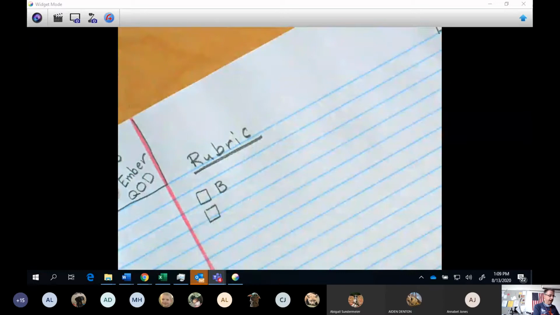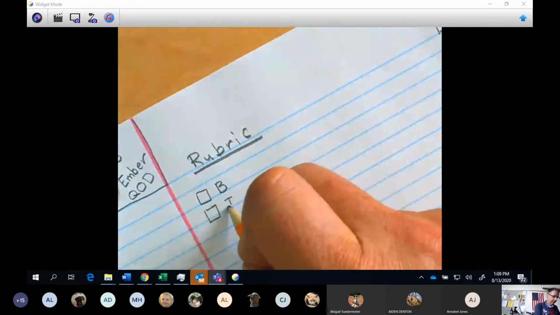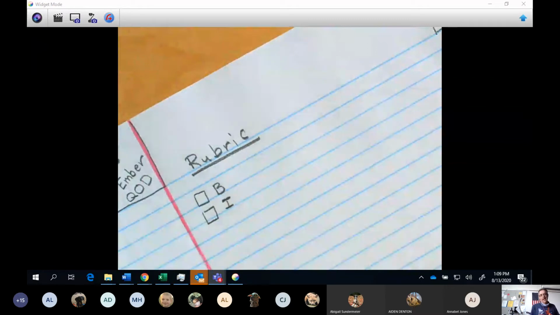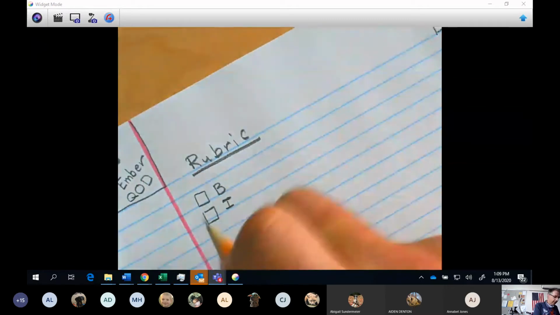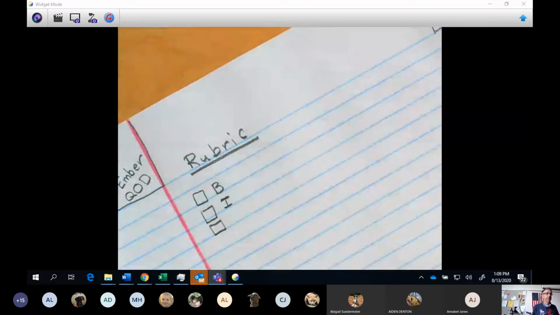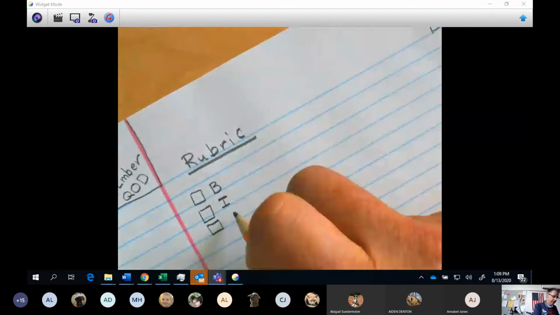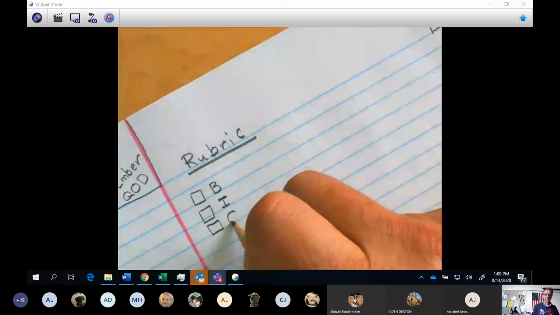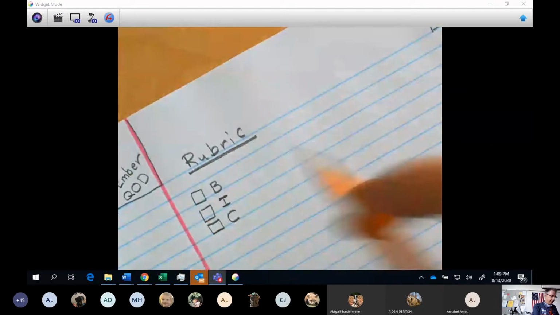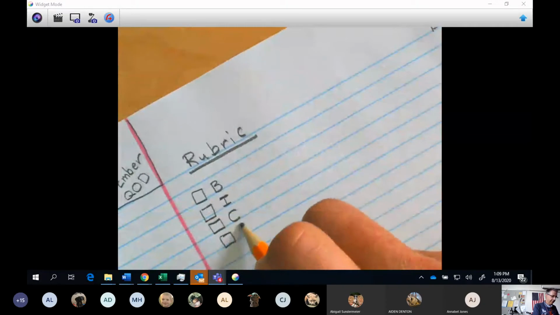We're going to put the letter I. After we do that, we're going to put another checkbox below, trying to stay on the lines because it makes it a little bit easier for us to line everything up. And we're going to put a C. After that, we're going to do another checkbox and the letter E.